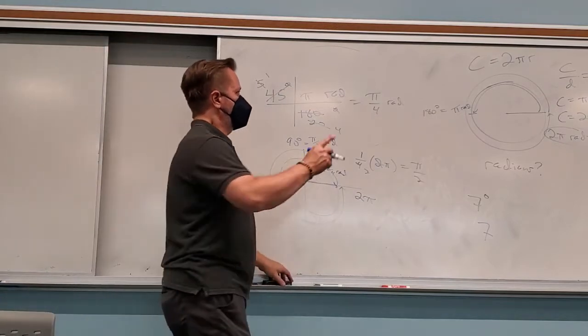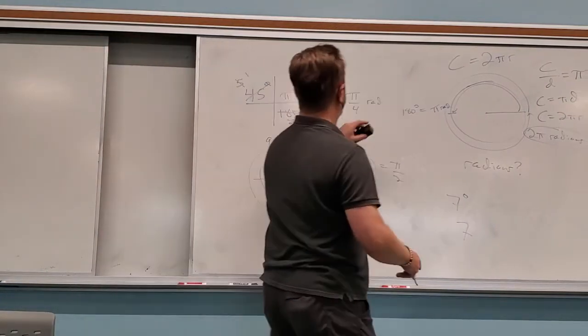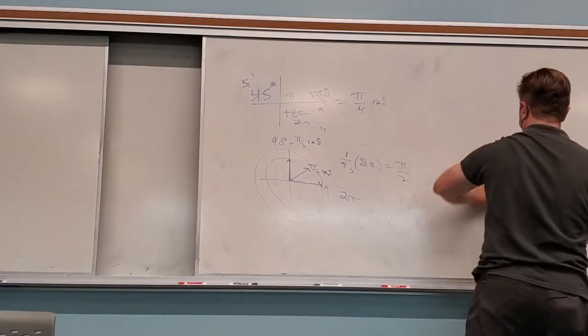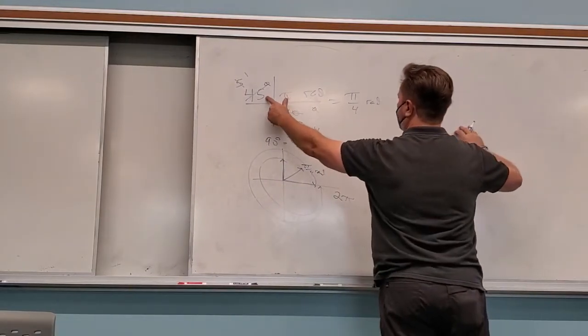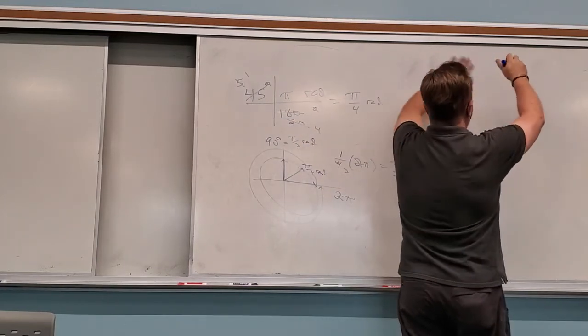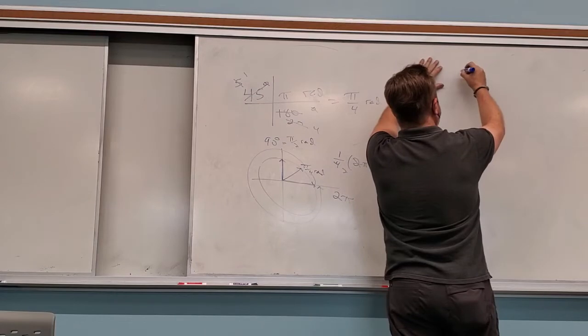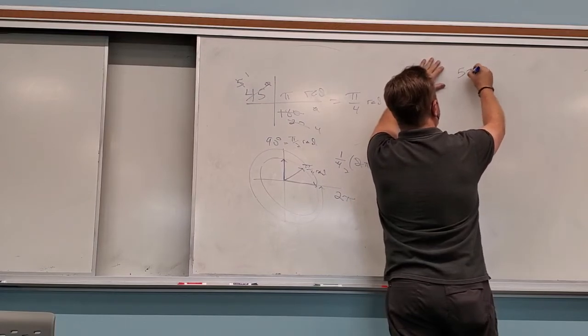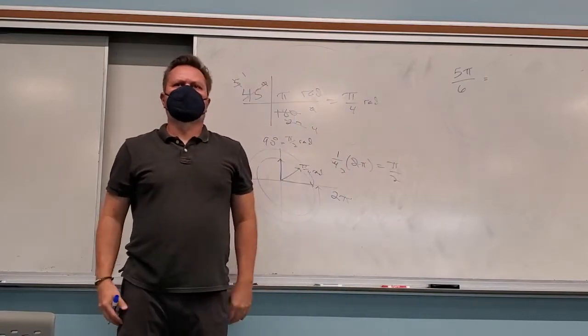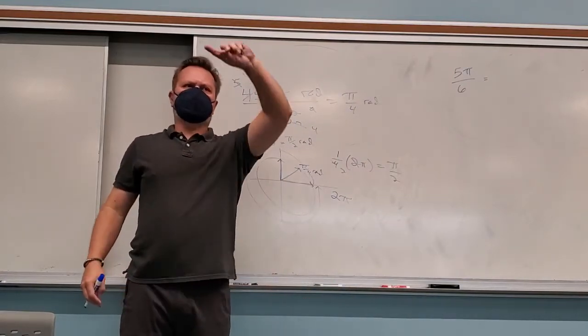So, let's do another example of this. Here's a beautiful one. Going from degrees to radians is always a little bit weird. Going from radians to degrees is easy, because how many degrees is pi radians?